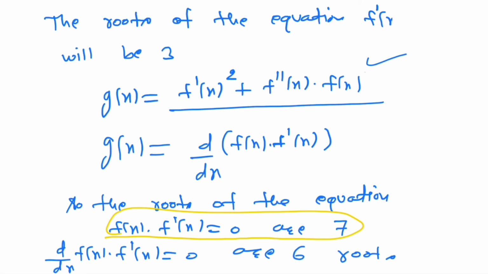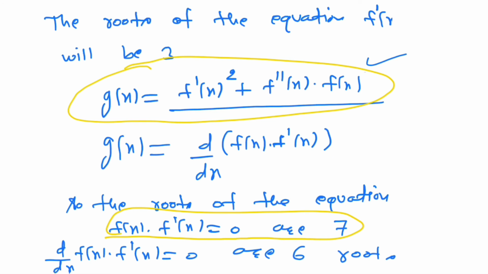Now as per the given information, we have to discuss the number of roots of the equation g(x) equals (f'(x))² plus f''(x) into f(x). You can see this is the derivative of this expression; this g(x) is the derivative of f(x) into f'(x). The minimum number of roots of the equation f(x) into f'(x) equals 0 is 7.